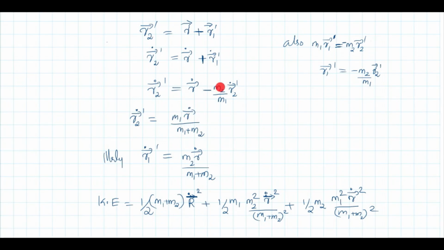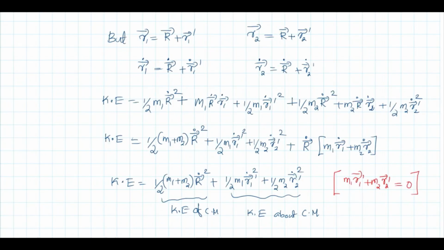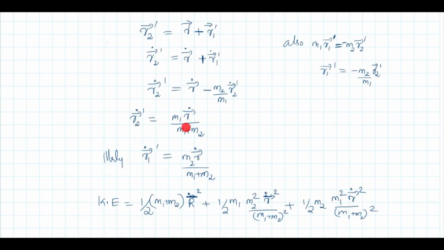You take this term to the left hand side and take r2 prime dot outside, then you will get this result. Similarly, you can write an expression for r1 prime dot, and that will be m2 r dot divided by m1 plus m2. So we can replace this r1 prime dot and r2 prime dot in this expression using these relations.